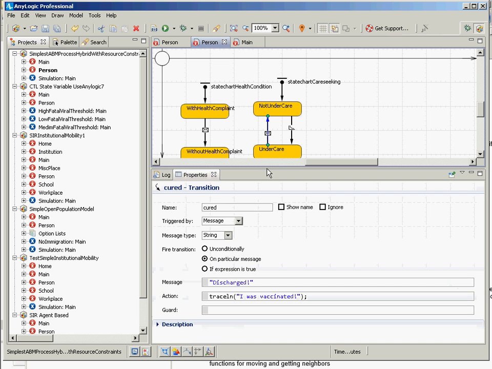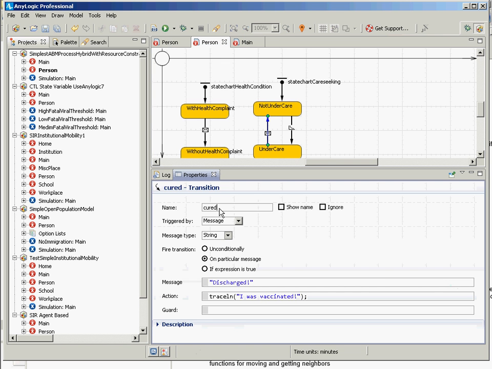So if you're in a state and this message comes in, you tell them, hey, you have a message. It'll say, okay, what's the message? The message is discharged. It'll say, am I in a state which can take a discharge message? Yes, I am. Okay, then I will now go to this other state. So it requires actively telling the agent, the representation, you have a message waiting. You should get onto it.